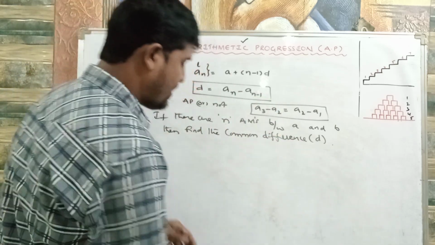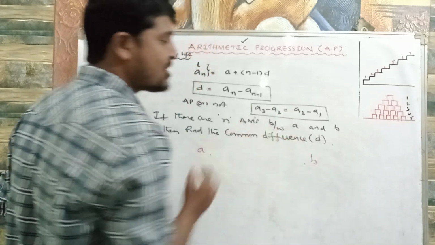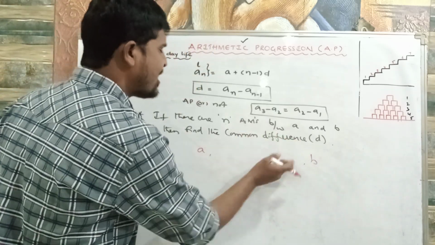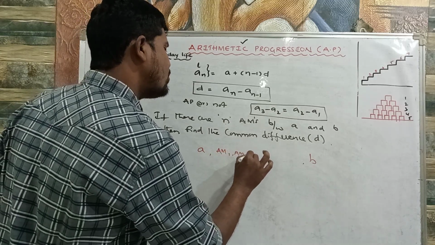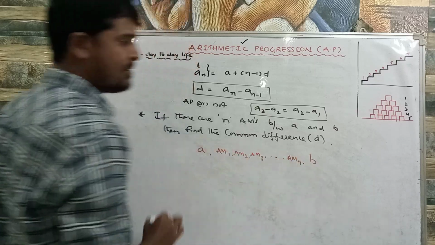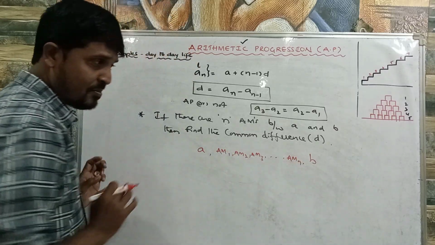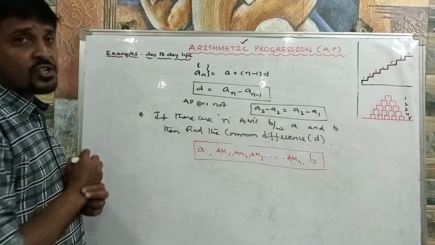Okay, let's write. First term is a and it is obvious that the last term is b. And there are n arithmetic means, AM1, AM2, AM3, like that up to AMn. Now could you please tell me how many terms are there in this progression?